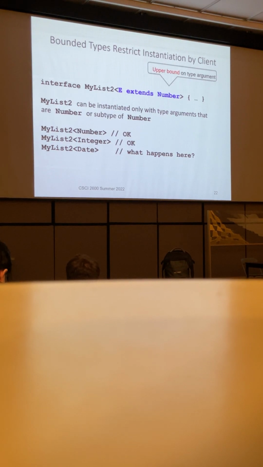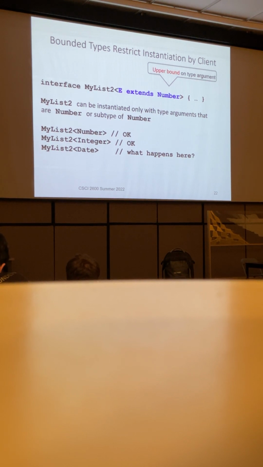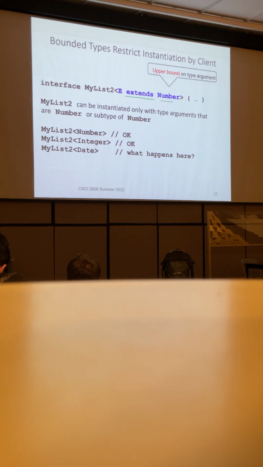That's why we need quite often bounded type arguments, and to specify in the declaration of the type parameter that you want it to be bounded, you use the extends keyword and then the type.